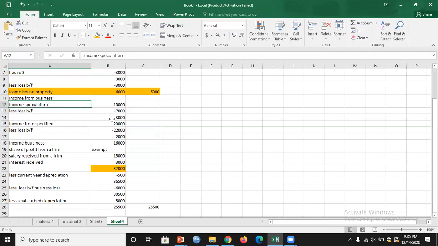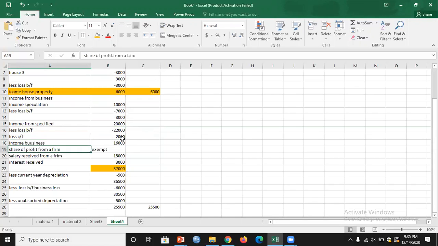So we deducted and got 3,000. Then income from specified business is around 20,000. From there we deduct the loss amount of 22,000. So we got a negative amount. That's about loss. We have to write like this: loss carry forward. It should be carried forward to next years.